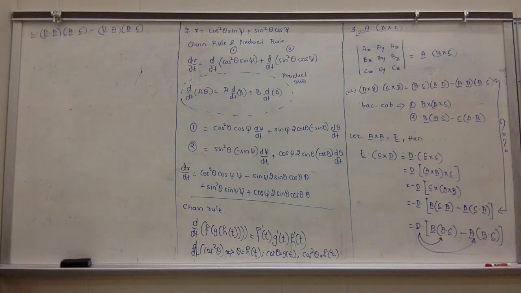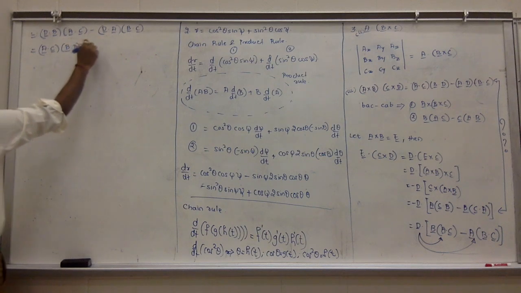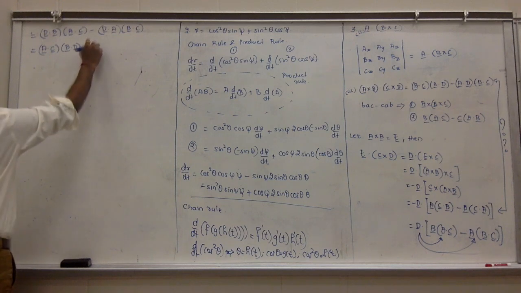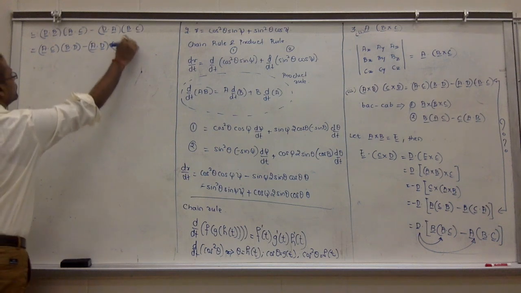So if you rearrange this, what are you going to get? What do you need? A dotted with C, B dotted with D, minus A dotted with D into B dotted with C.